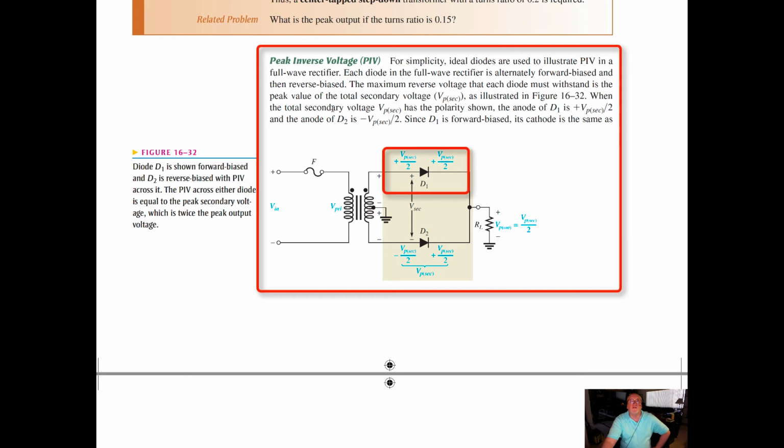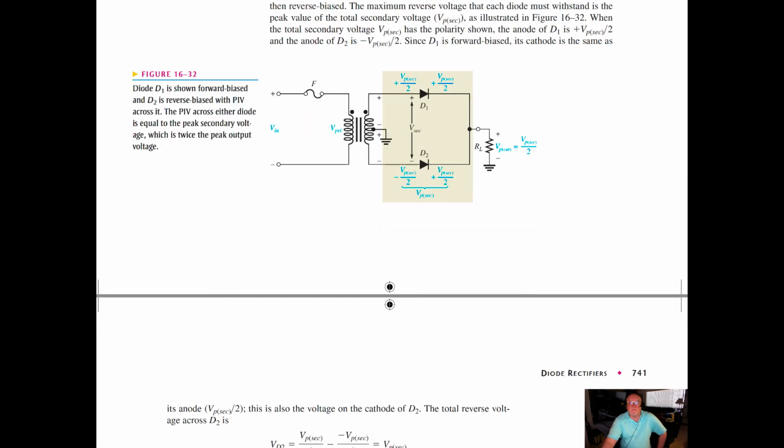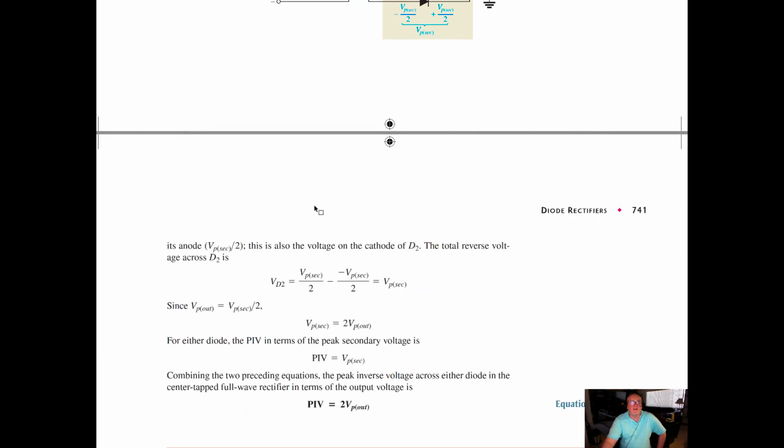When the total secondary voltage, VP secondary, has the polarity shown, the anode of diode 1 is plus VP secondary divided by 2, and the anode of diode 2 is minus VP secondary divided by 2. Since D1 is forward biased, its cathode is the same as its anode, VP secondary divided by 2.